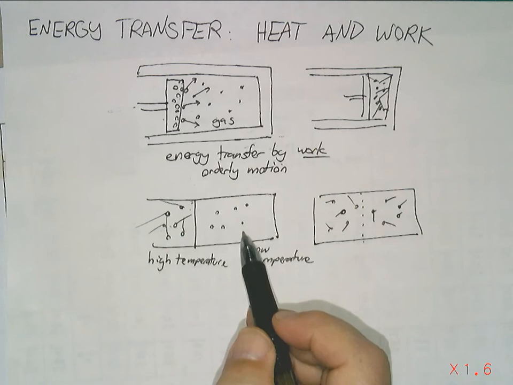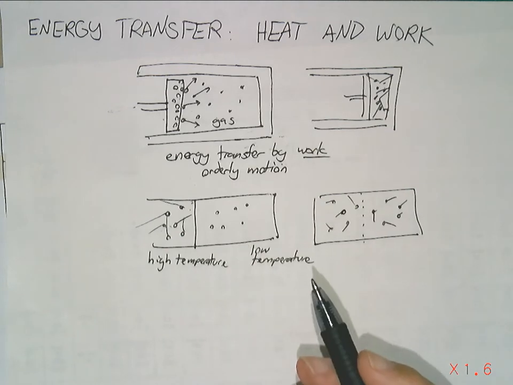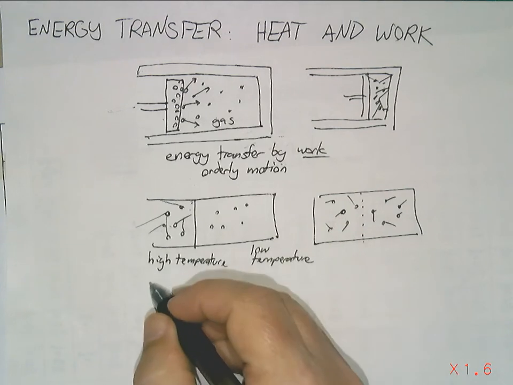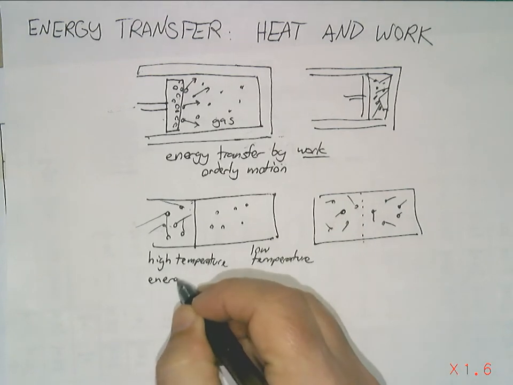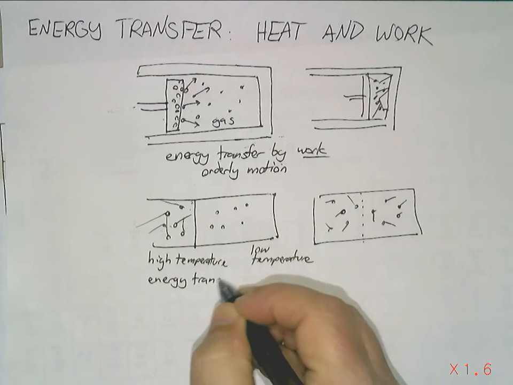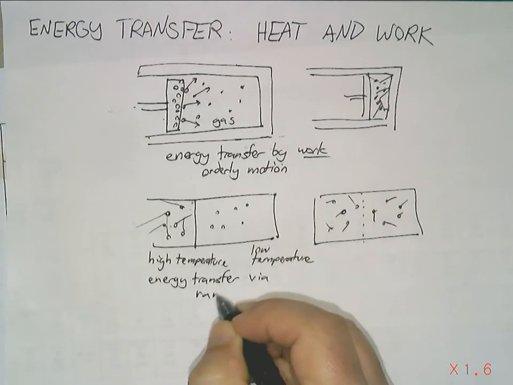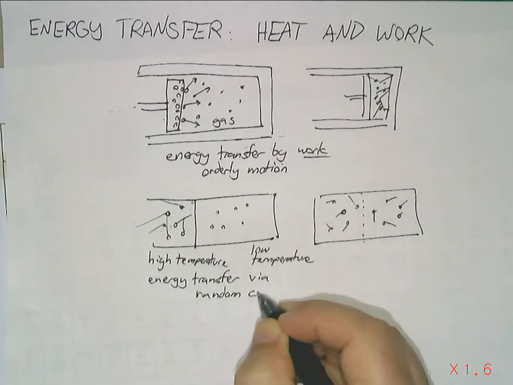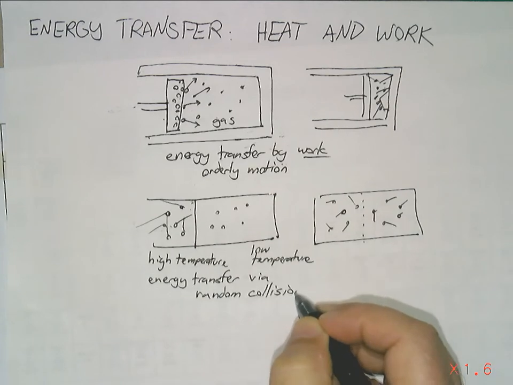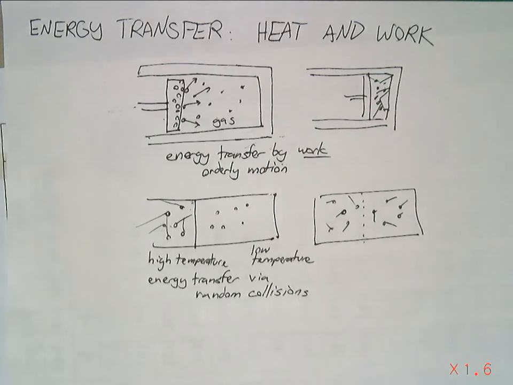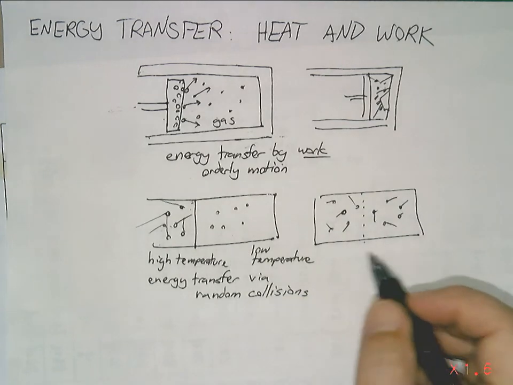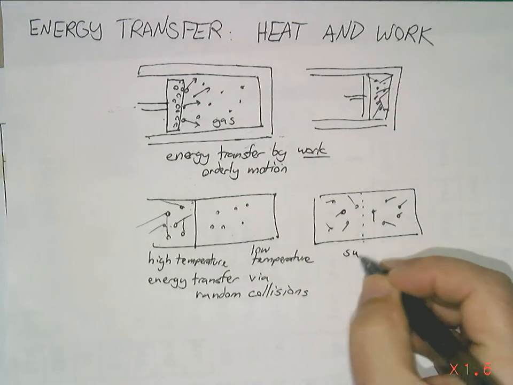So they're going to transfer some of their kinetic energy via collisions to the colder molecules. It's kind of random the way these things are moving, and random collisions will occur. So before you'll have a high temperature and a low temperature, and after, they're going to be both the same temperature.